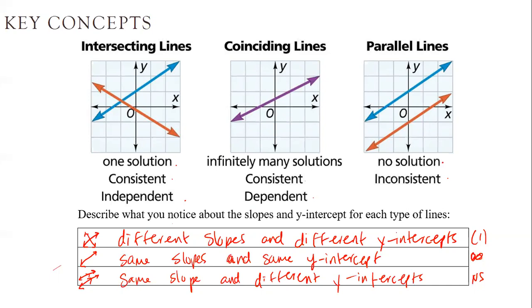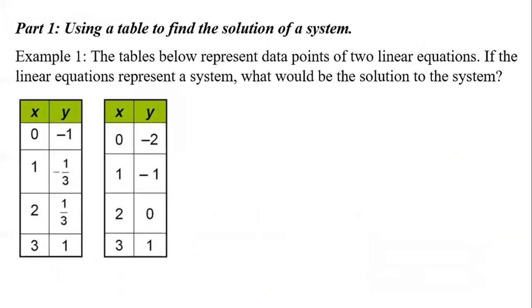Any questions so far? Are you still with me? Any questions? None? We're good? Okay. All right, so solutions. A system can be presented in table, graphical, and equation form. We're going to start off with the most basic, which is table form. The tables below represent data points of two linear equations.